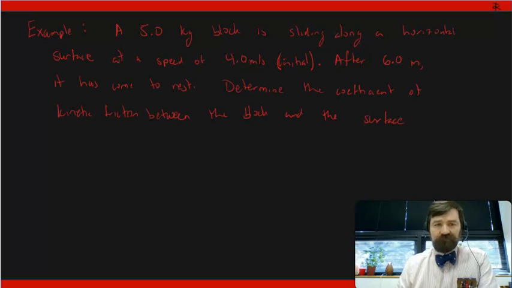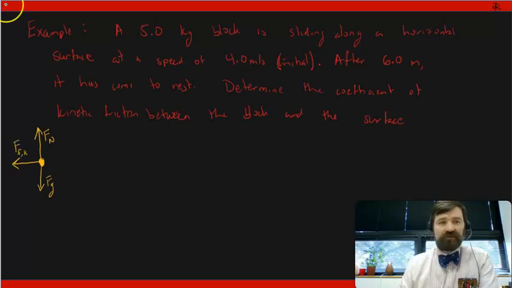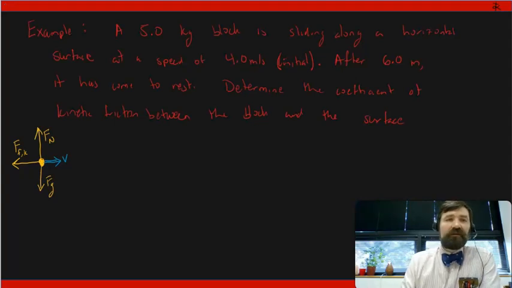So if again I draw a free body diagram for this block, again there's going to be a normal force, again there's going to be gravity, and those two should cancel each other out. There is also a friction force, it's the kinetic friction force, and the block is moving in this other direction.